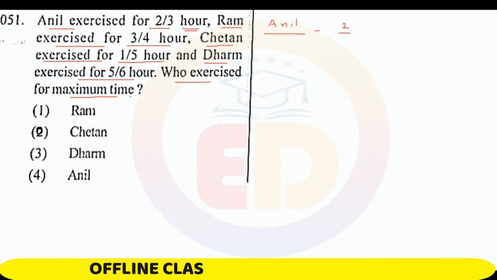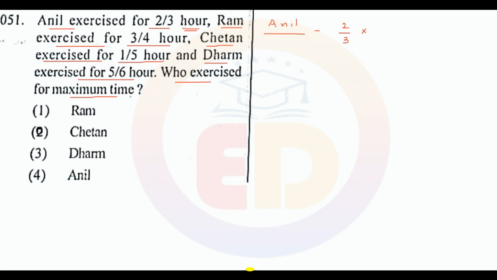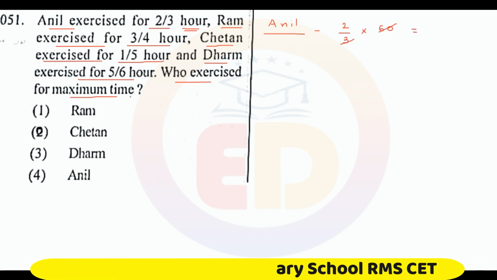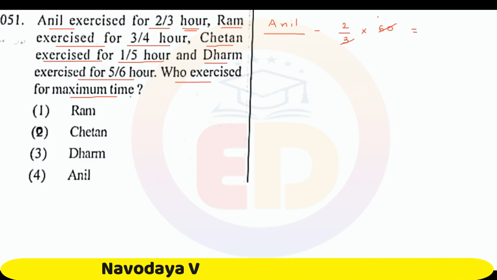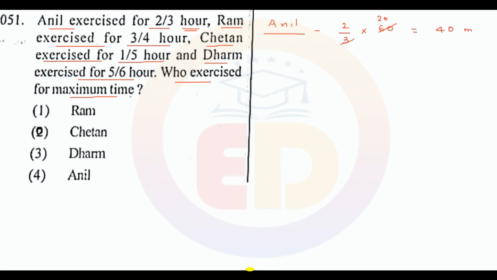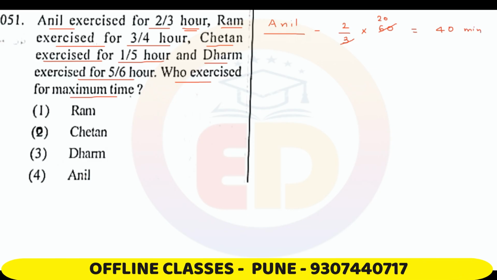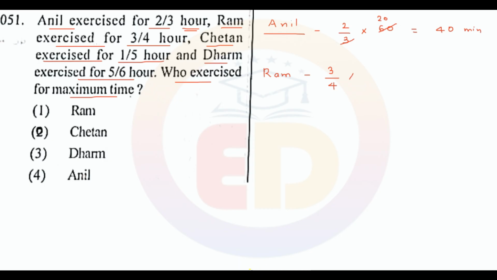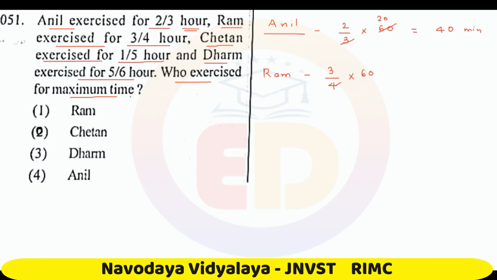So let's find out Anil. 2 by 3 hour. Let's convert hours to minutes. So hour to minute, you have to multiply by 60. This is 20 times 2, so Anil is 40 minutes. Ram exercised for 3 by 4 hours. Converting hour to minutes, multiply by 60. Cancel 4 and 60.